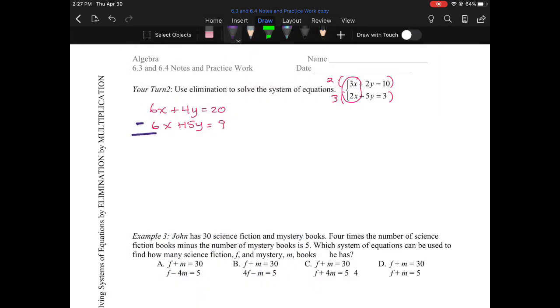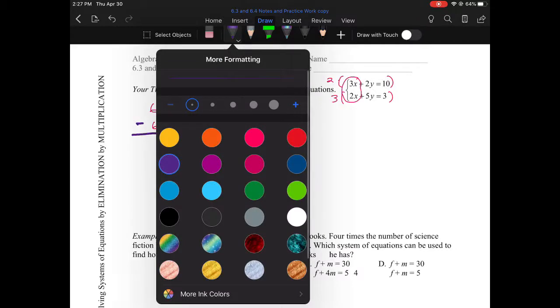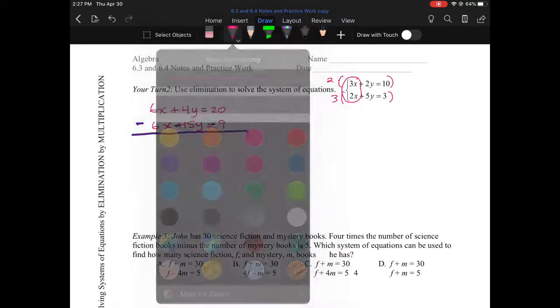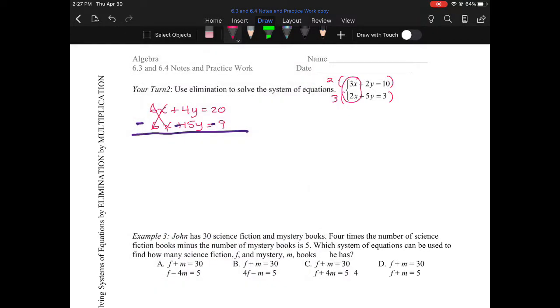Since they are the same, we're going to have to subtract. So my 6x's cancel. 4y minus 15y is negative 11y, and 20 minus 9 is 11. So y is going to equal negative 1.